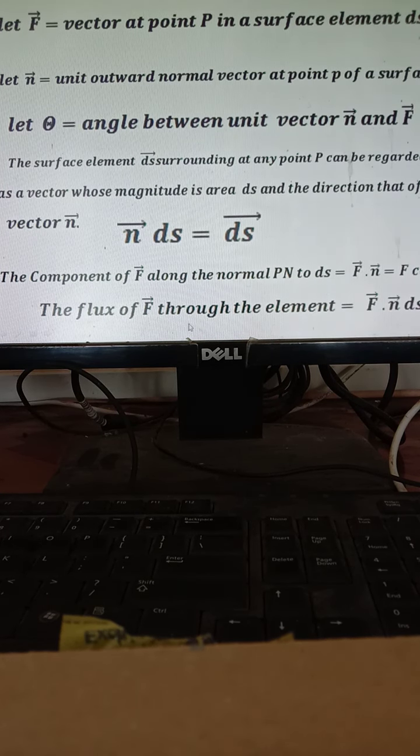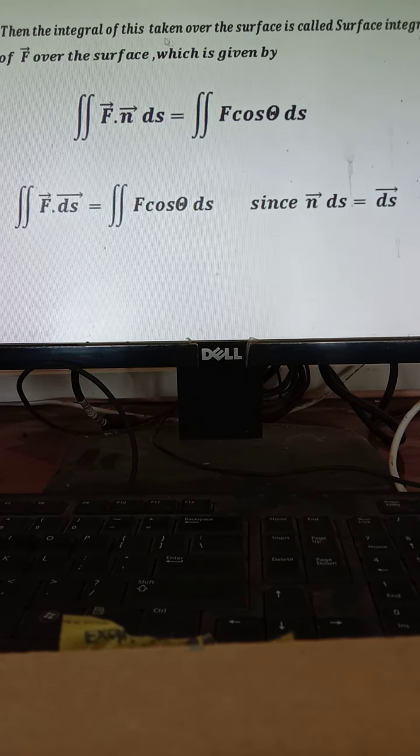The flux of F through the element is F dot n ds. The integral of this taken over the surface is called the surface integral of the vector function F over the surface, which is given by the double integral of F dot n ds.